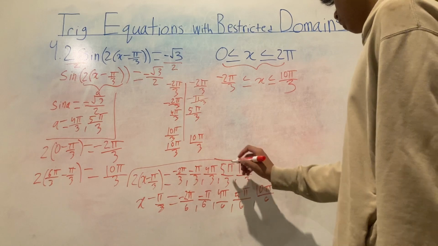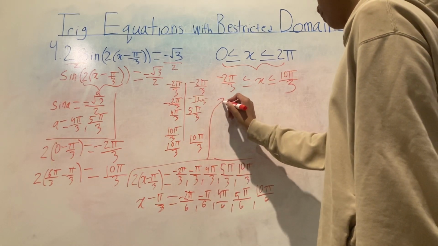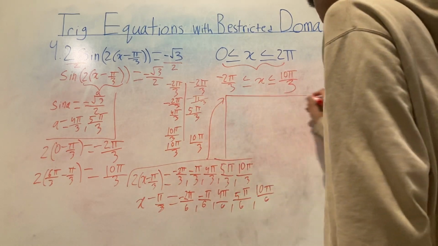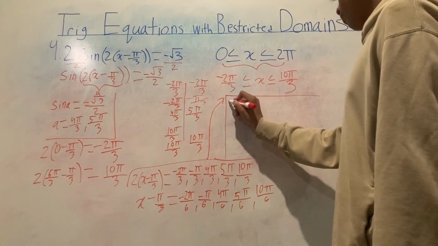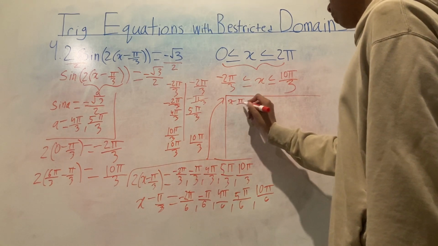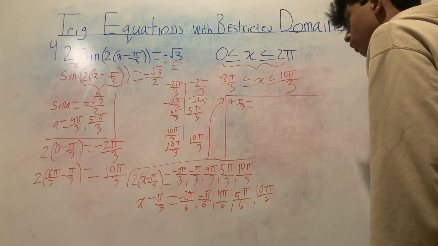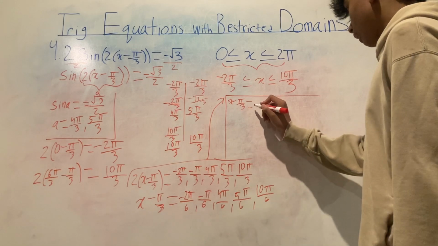So let's go up here now. So x minus pi over 3 equals negative 2 pi over 6.